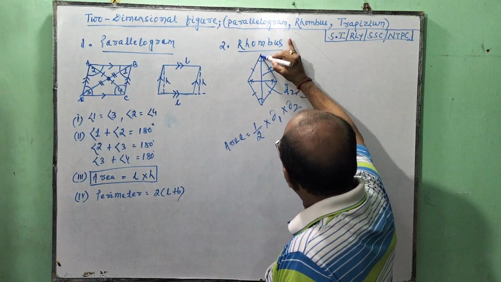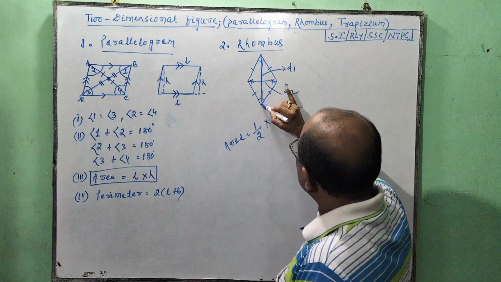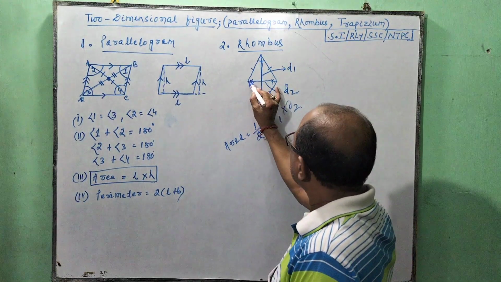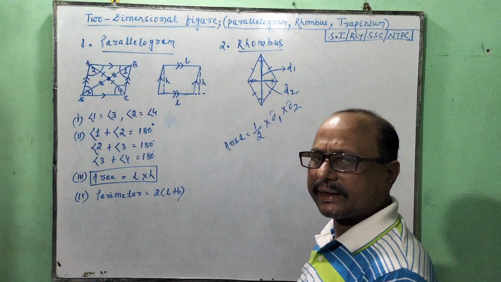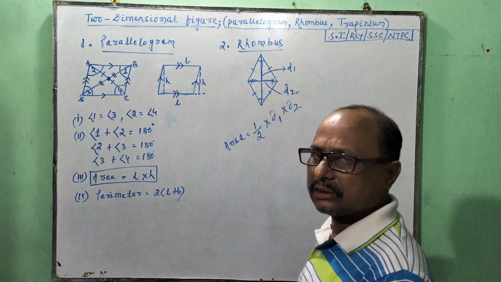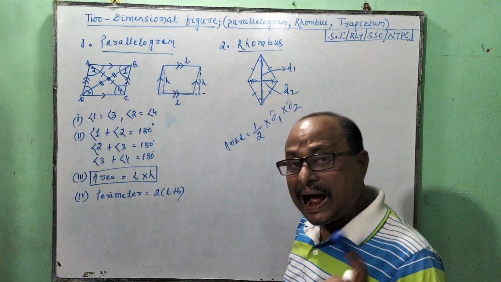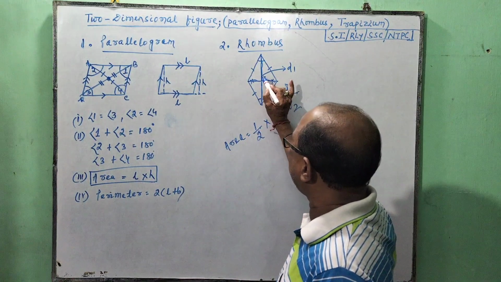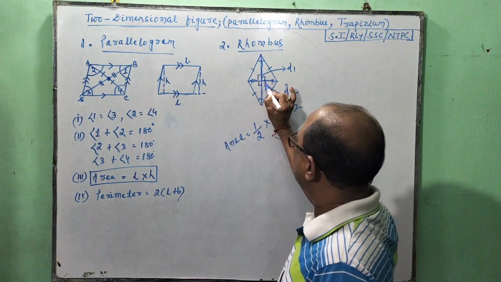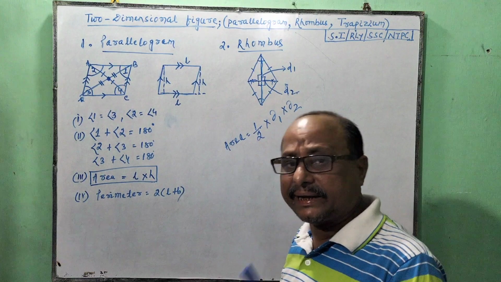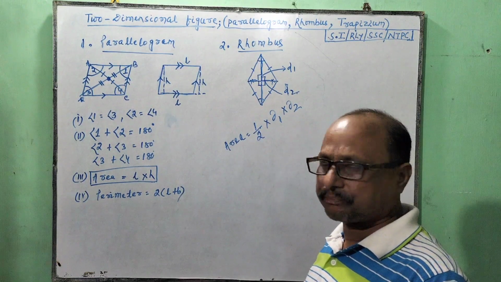Look, this is a diagonal. This is also a diagonal. They bisect each other at right angle. In case of the rhombus, they bisect each other at right angle. Then that is a rhombus.